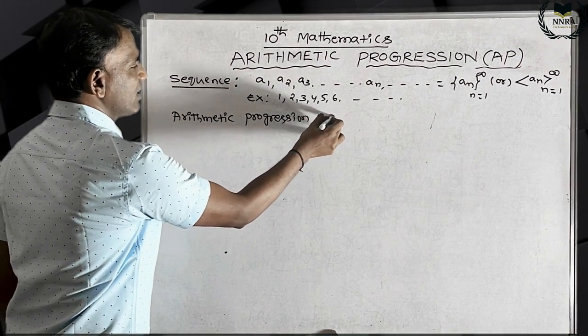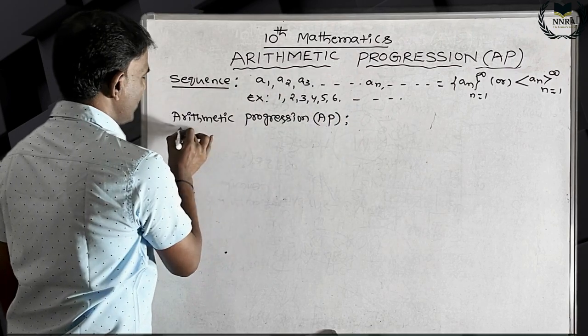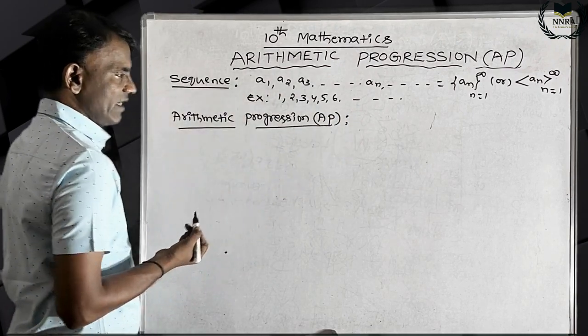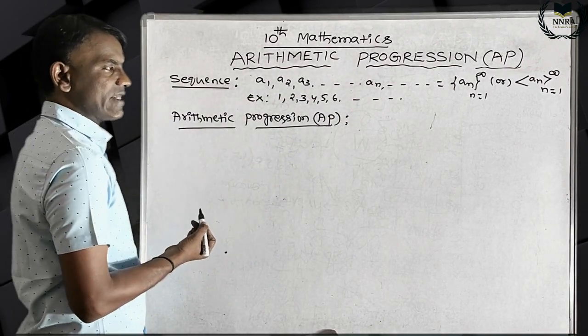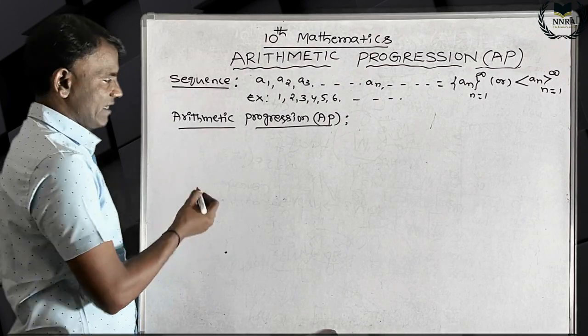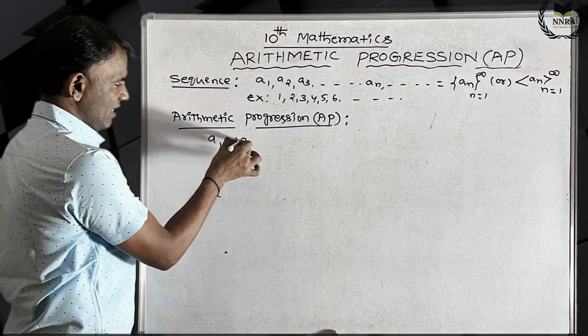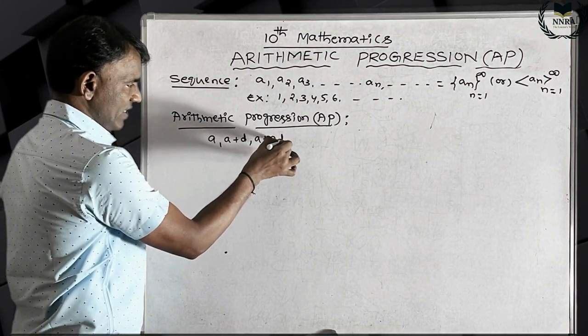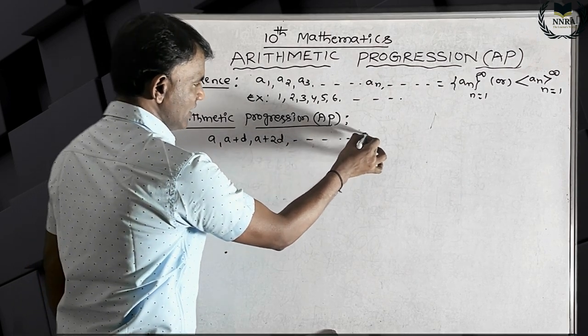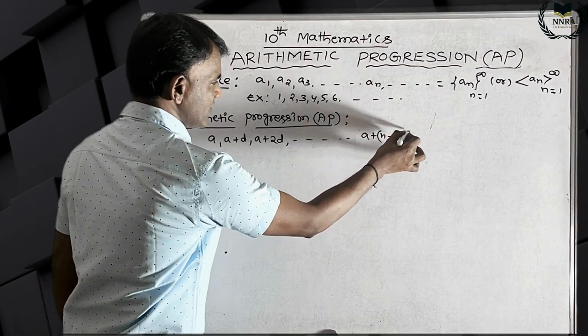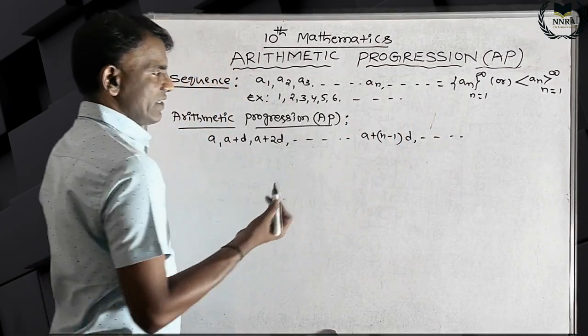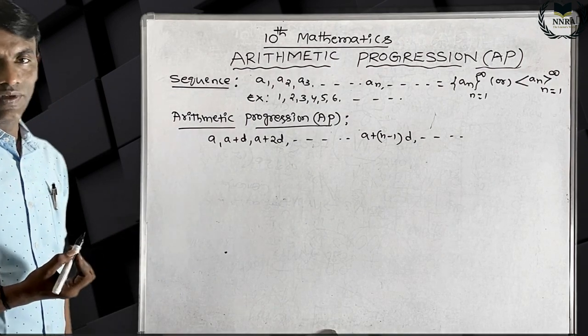So AP. This is the standard form, or general definition: a, a plus d, a plus 2d, and so on, a plus n minus 1 into d, and so on. This is called arithmetic progression.